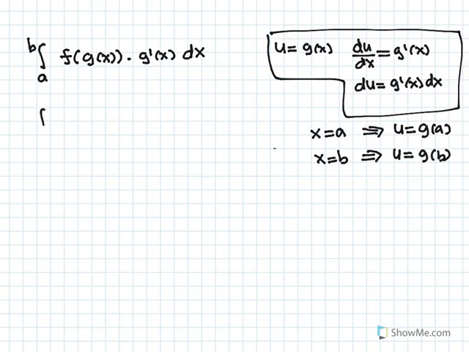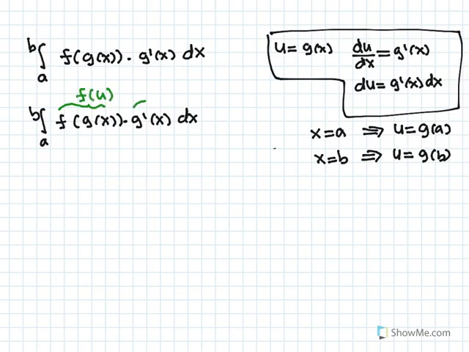So what we have is the integral from a to b of f of g of x times g prime of x dx. Now f of g of x, this part is f of u, because we substitute u equals g of x, and g prime of x dx is du.